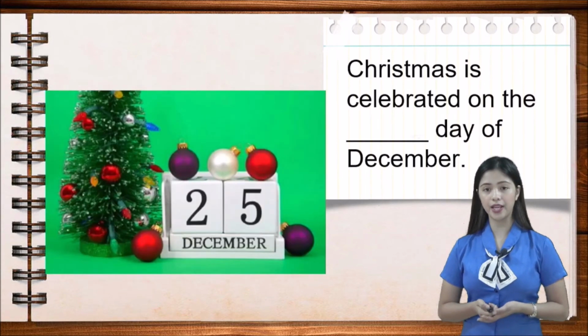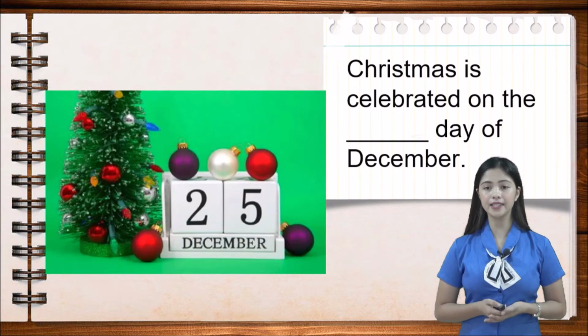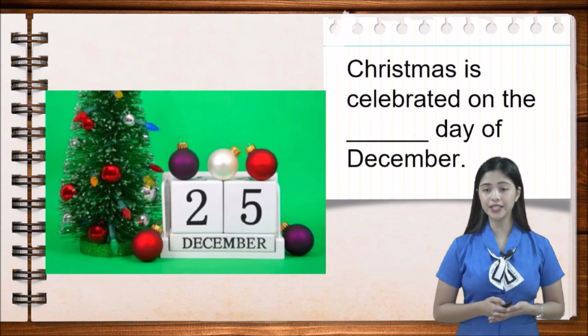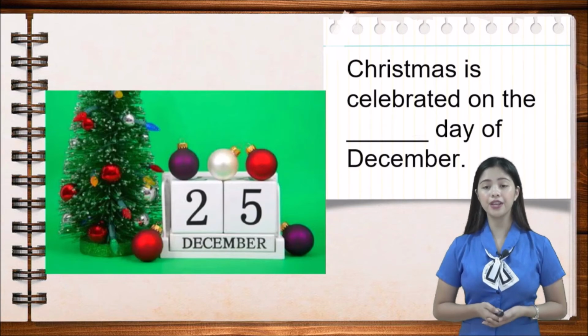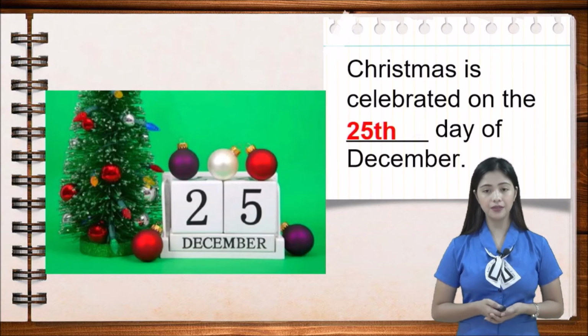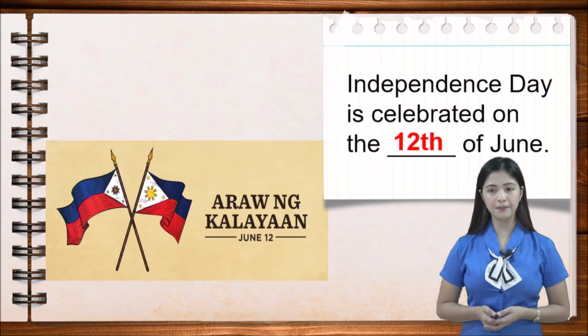I know you already know this. Christmas is celebrated on the blank day of December. So when do we celebrate Christmas? Of course, we celebrate it every 25th day of December. How about our Independence Day?